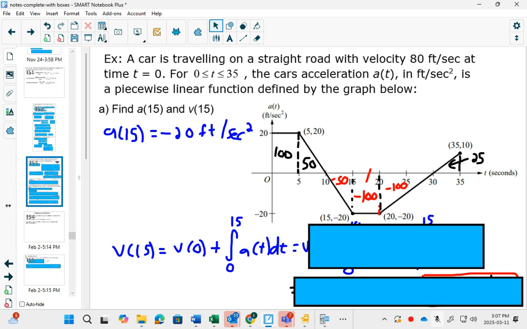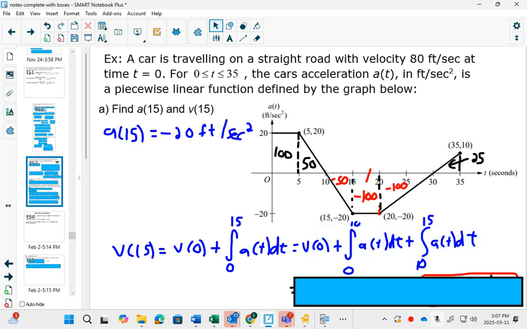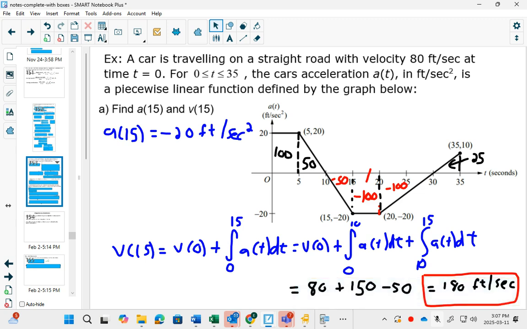So from 0 to 15, if we go through this, we see that this change is 150 minus that 50, which is just 100. We were told that we had an initial velocity of 80, and from 0 to 15, the change was 100. So your new velocity is 180 feet per second.